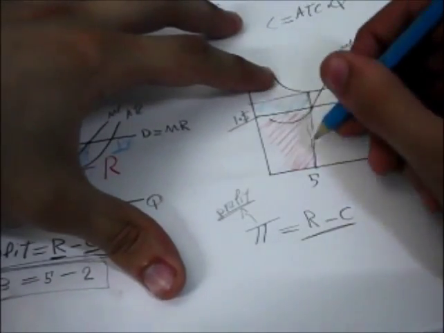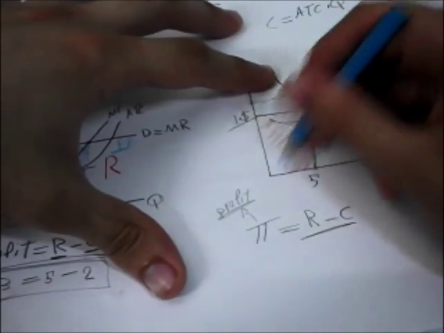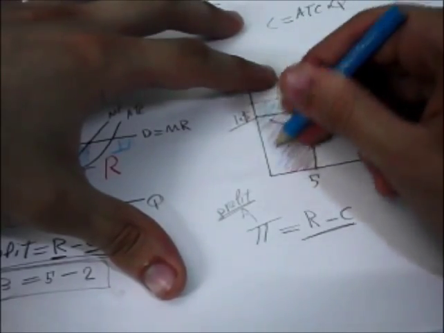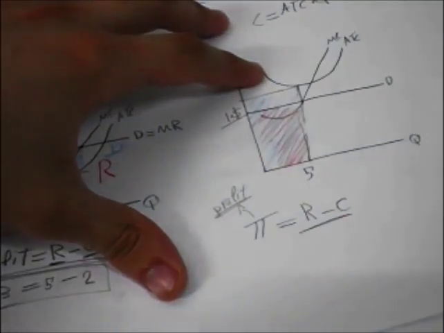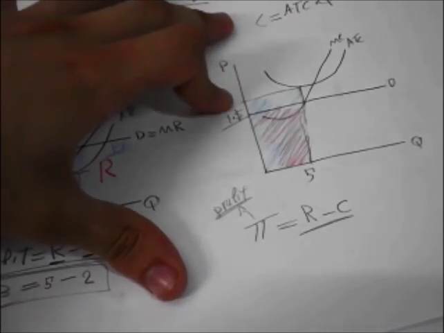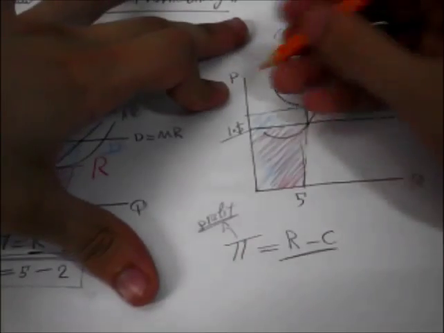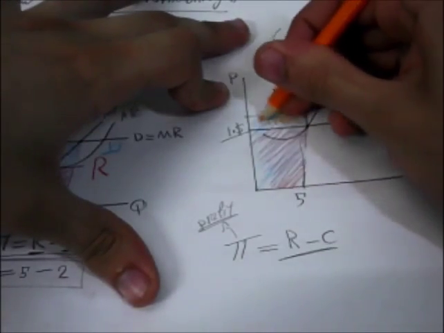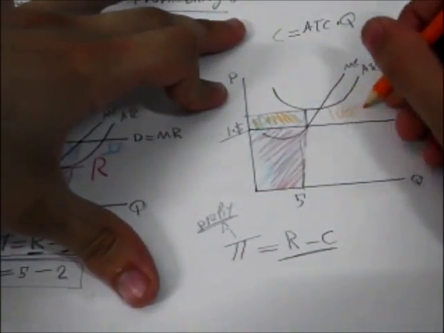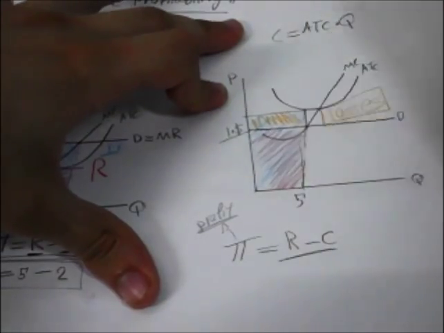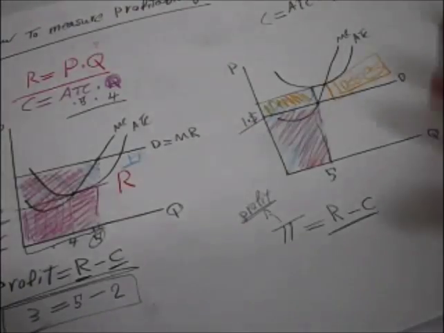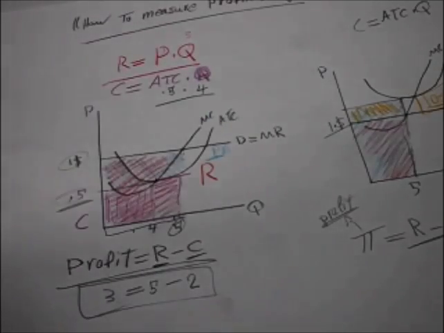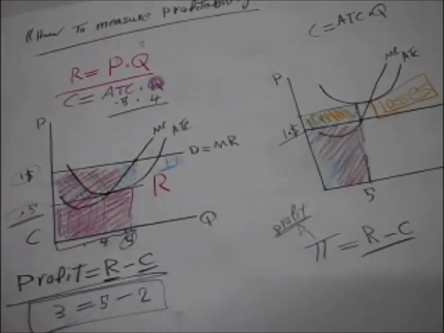Not just this part, but this part too. Remember, the average total cost is higher than the marginal revenues. That's why it's making losses. So by how much is it making losses? By this part. This is the losses. So I hope you understand the mechanism of calculating the profitability of any firm under the perfect competition market.